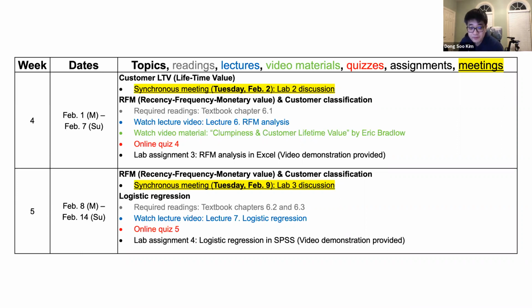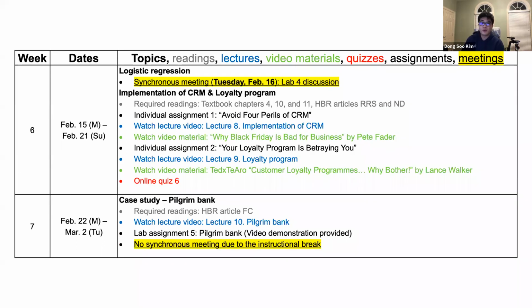And in the fifth week, you will learn logistic regression in the same format, including the group discussion for the case in the week 4 lab assignment. In the sixth week, we will discuss how to implement CRM and loyalty programs. This week's topic is a general discussion, not those mathematical tools.